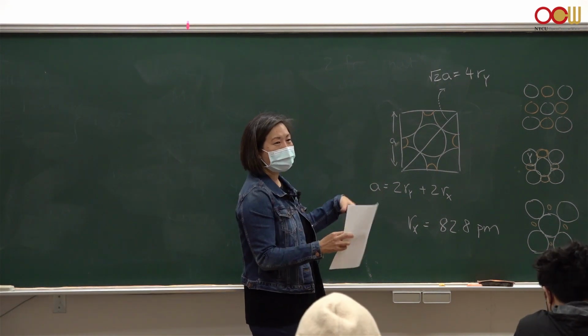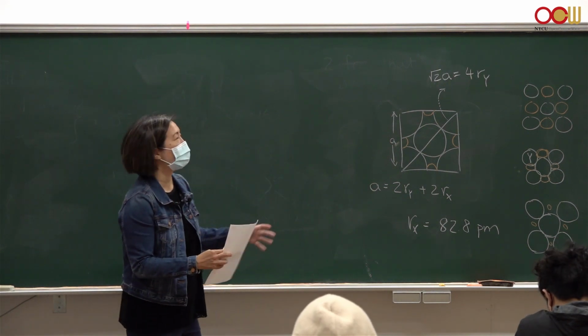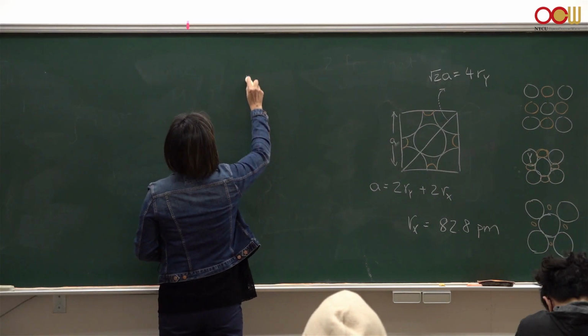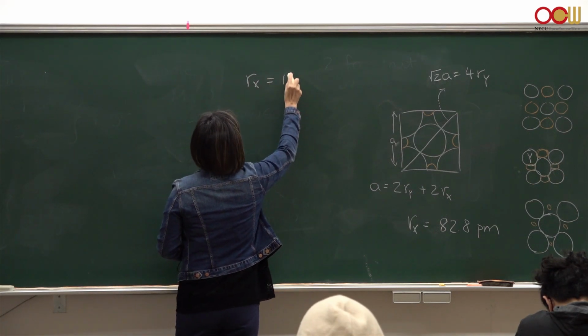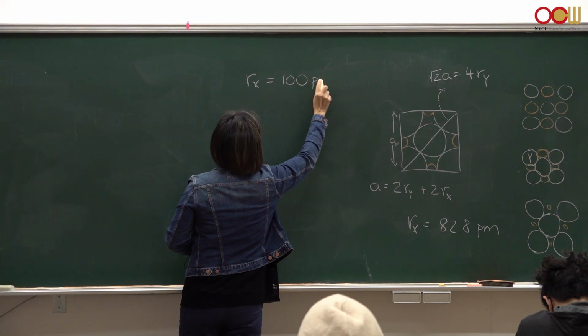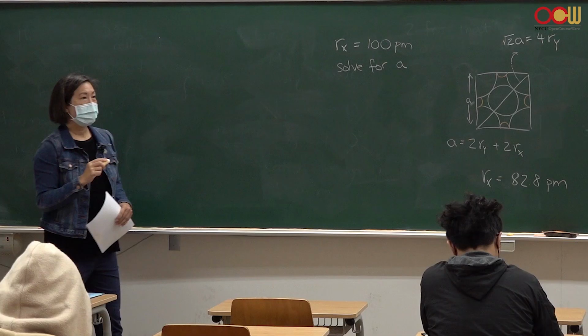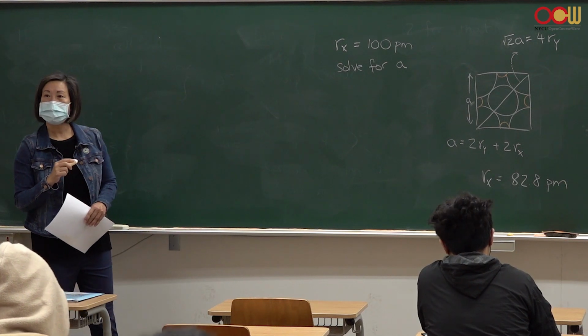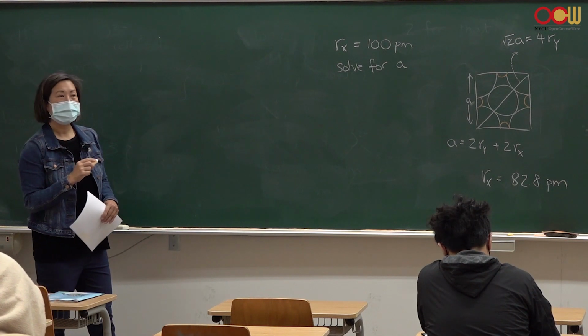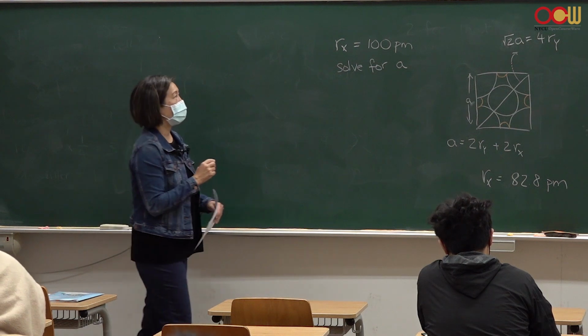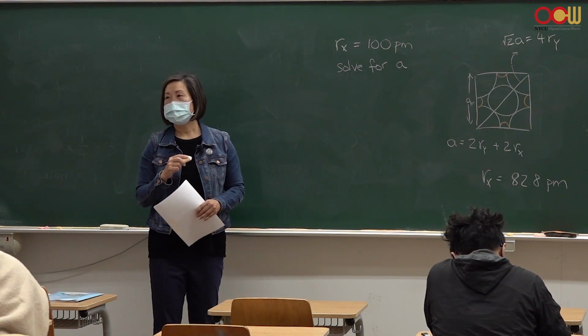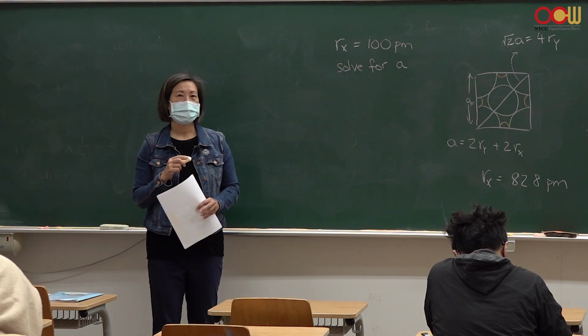But we run some experiments, look under the electron microscope. We see that X actually has a diameter of 100 picometer. So solve for A. What is the lattice parameter of XY if X has a radius of 100 picometer?